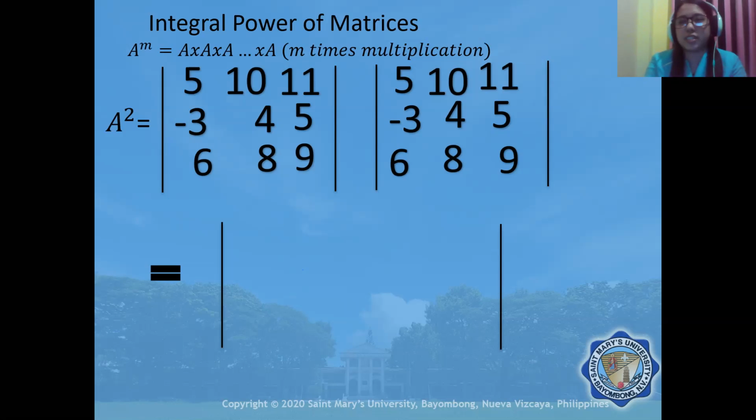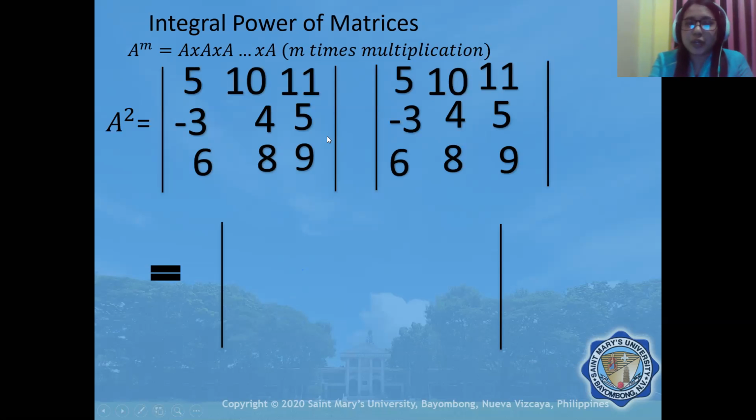So let me just clarify that. I am not referring to the cross multiplication. This is the dot product. So it's matrix multiplication. So we have here 5, negative 3, and 6, 10, 4, 8, 11, 5, 9 multiplied to itself.